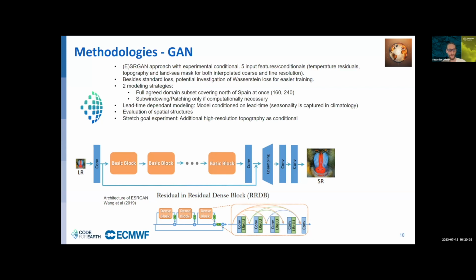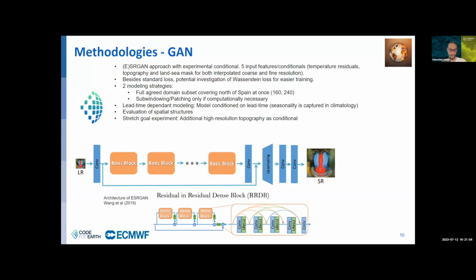And the specific architecture that we use as basis here is the SRGAN, the super resolution GAN, or more specifically the enhanced super resolution GAN. Those are just a couple of subsequent developments that improved on their predecessors and improved the high resolution details that these GANs produced.